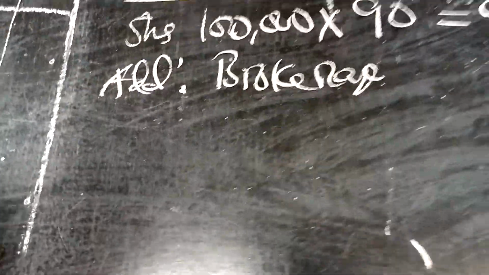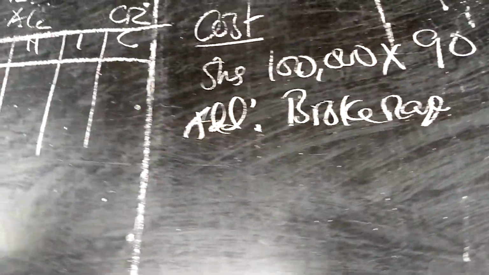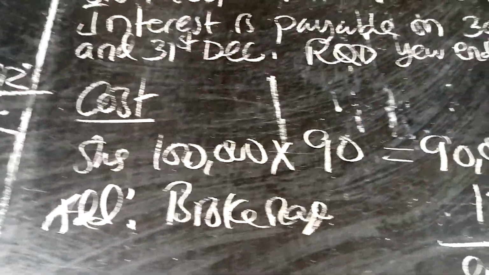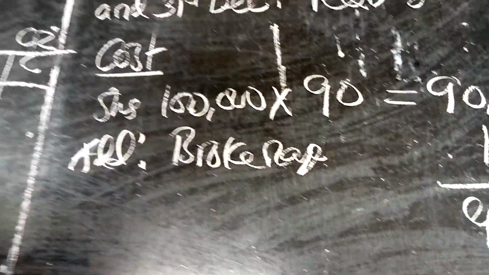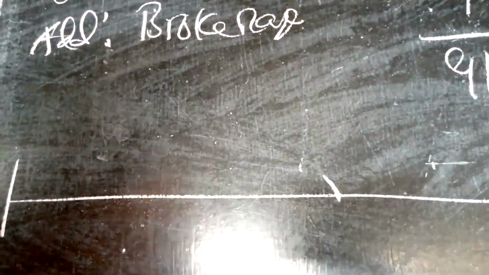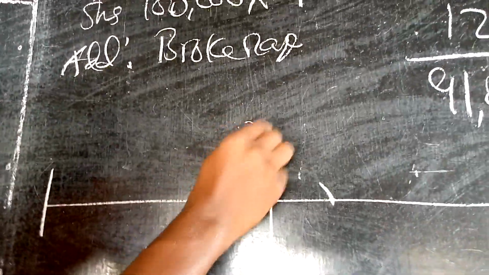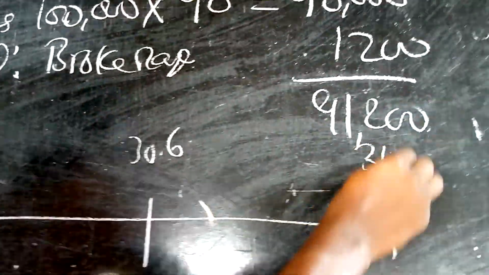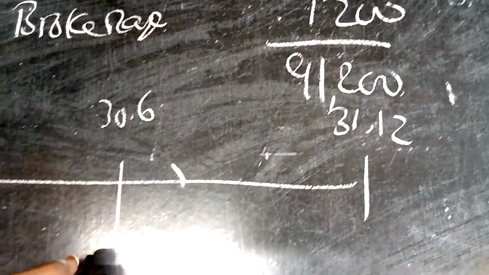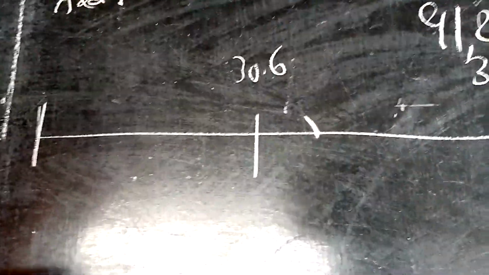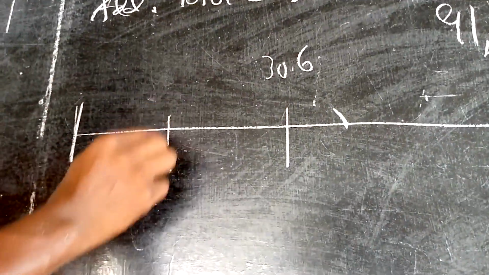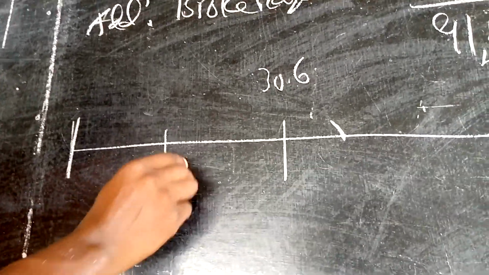But under CUM DIV, we are saying that the right of receiving the interest goes to the buyer. If you draw the line of this kind of transaction, here it is 30th June and here 31st December, the times for receiving the interest. The transaction took place on 1st March.